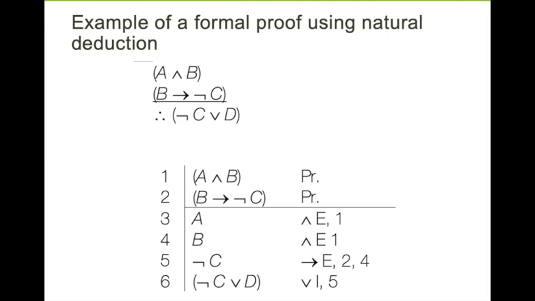So for example, if we look at the last line, that uses a rule called disjunction introduction. So we see ∨I as our abbreviation for disjunction introduction, and it's applied to line 5. So the number 5 is there to tell someone who looks at this proof that the rule was applied to line 5. That last line is the conclusion of our proof, and we should see that our proof worked because the last line is the conclusion of our argument as well.